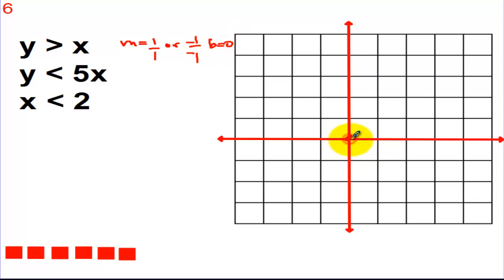So starting here, go up 1, then right 1, up 1, right 1, up 1, right 1, up 1, right 1. Or go down once, left once, down once, left once. Alright. Now since I don't have a line under, this should be a dotted line. Next, it says y greater than x, so we have to shade above this line.